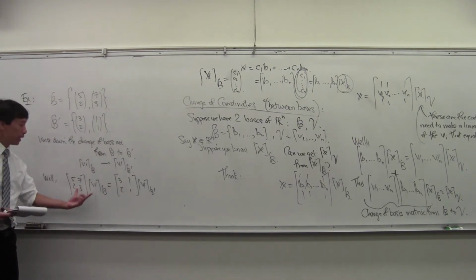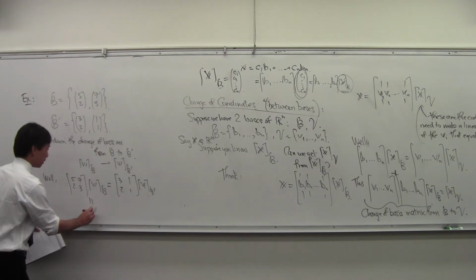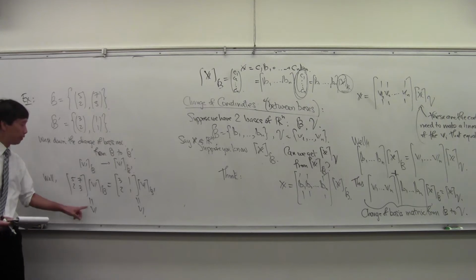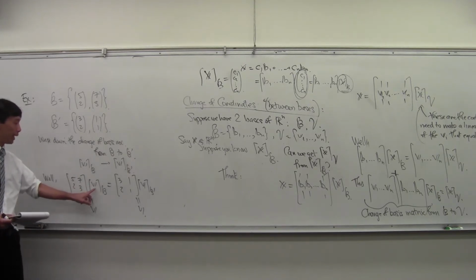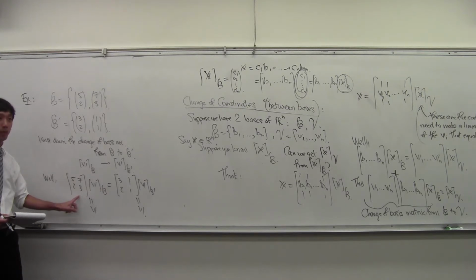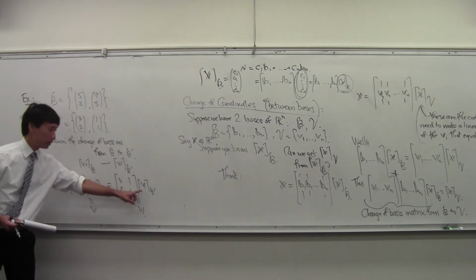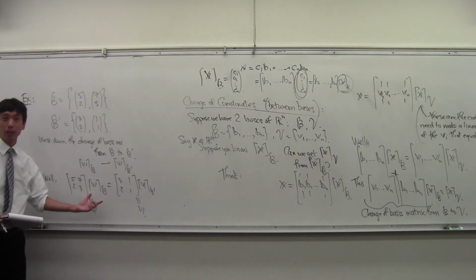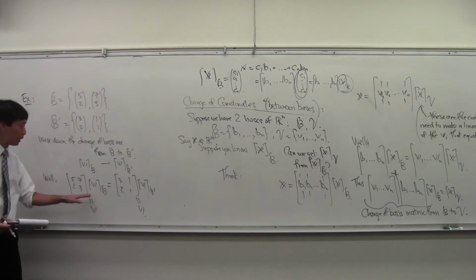This is V, the linear combination you get when you take these coefficients and use these vectors. V is the same thing over here, so both of these are V.